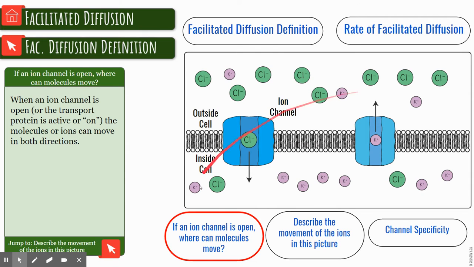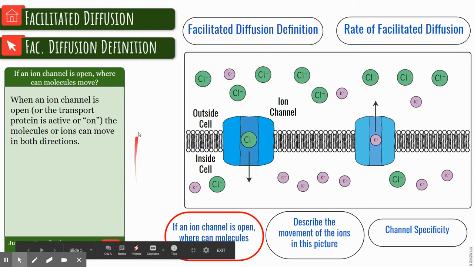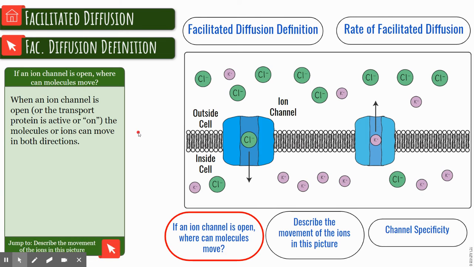So when this ion channel is open, molecules can move in either direction, really. I mean, they can go down, they can go up, but generally they're going to move in the direction of the concentration gradient. So we have these chlorine ions here, they're generally going to move down the concentration gradient here.